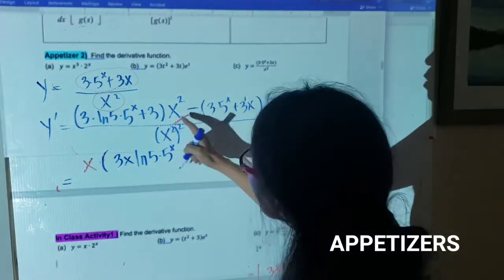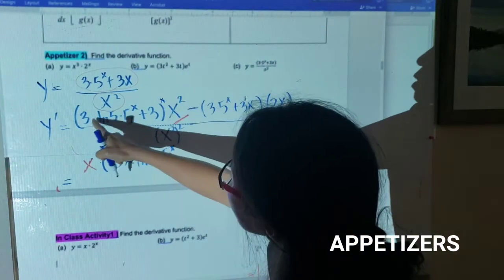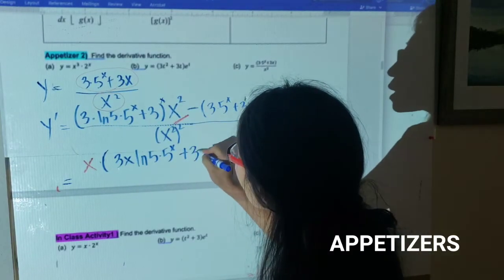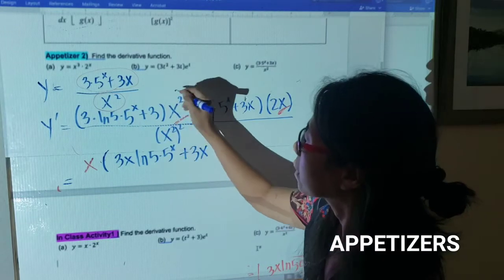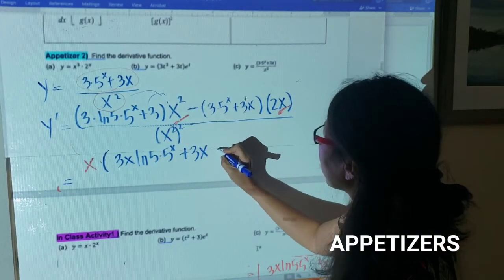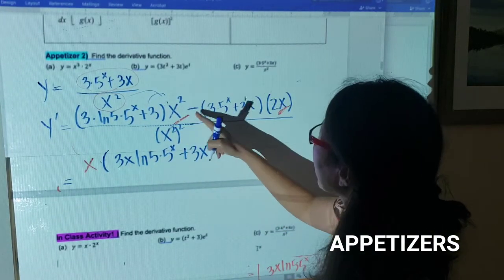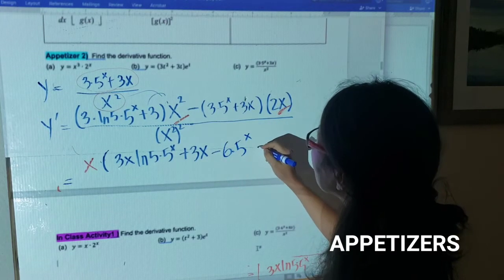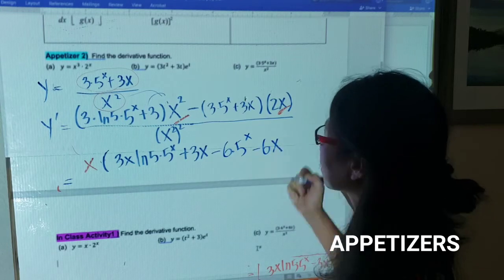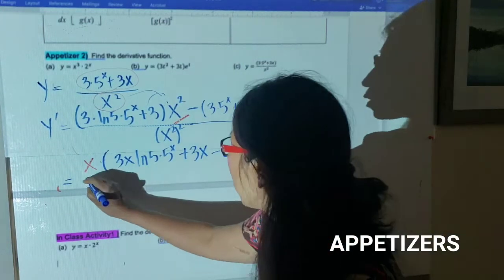Where I got the x, because I pulled out x, I had an x here, which I distributed, plus 3x. Okay? So I pull out 1x and then 1x is left, then I distribute it. And then I have x out, so I have a negative 2, so negative 6, 5 to the x, negative 6x over x to the fourth power.